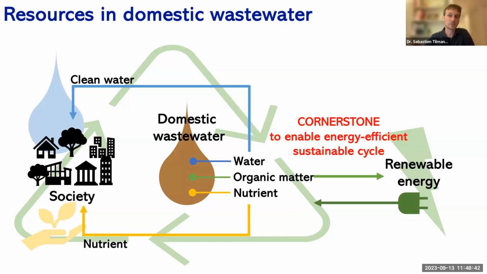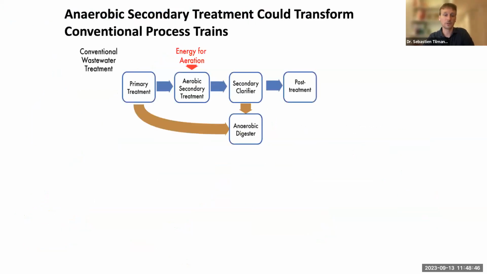Now, looking at anaerobic wastewater treatment specifically in that context, where would that fit? If you look at a very simplified diagram of conventional wastewater treatment, you start here on the left with primary treatment. Wastewater flows in, you go through these settling tanks.